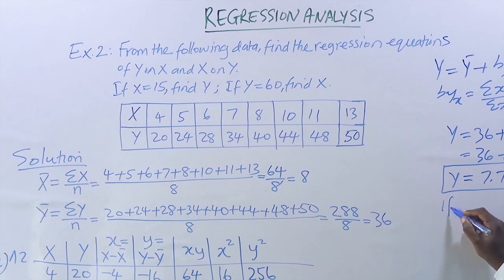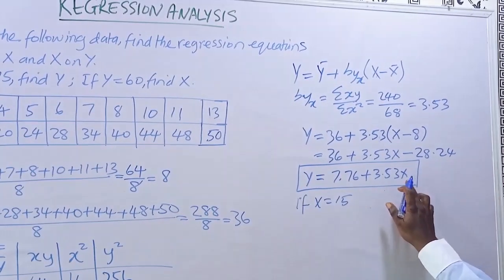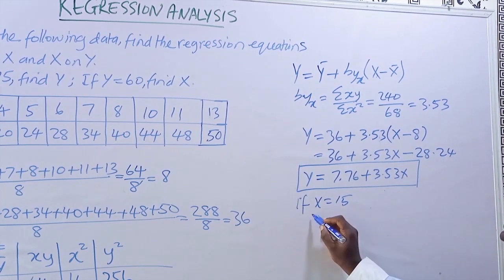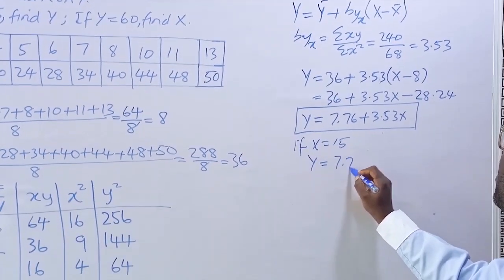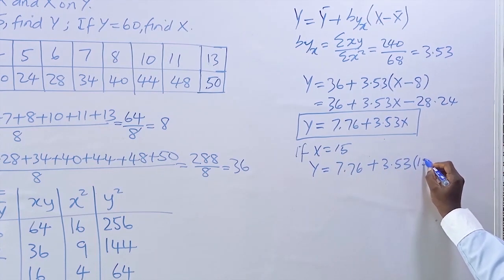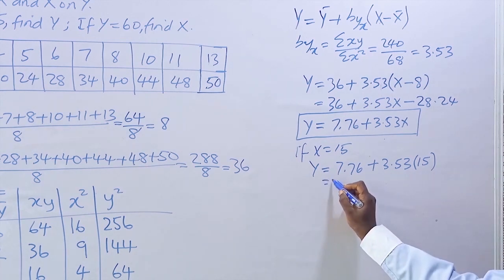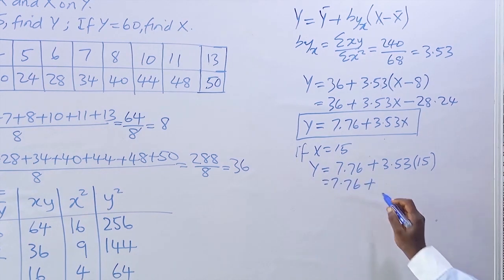So if x is 15, then we can put in 15 here to find y. So y becomes 7.76 plus 3.53 times 15.